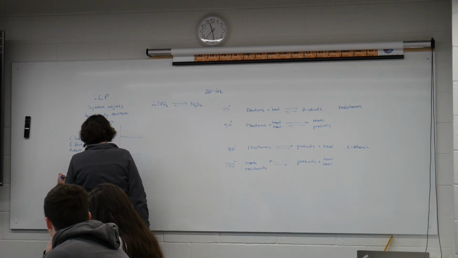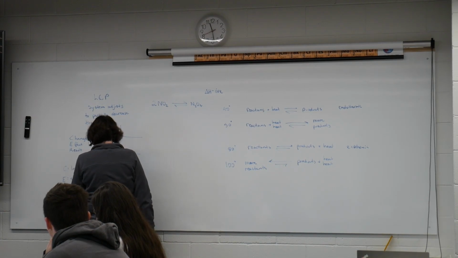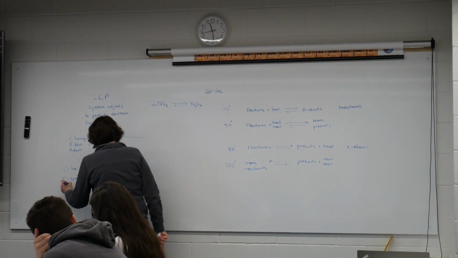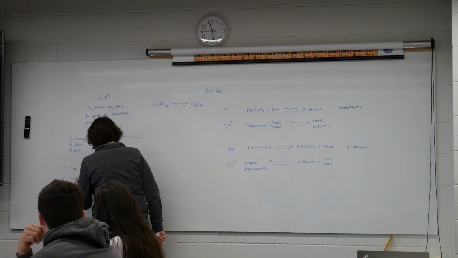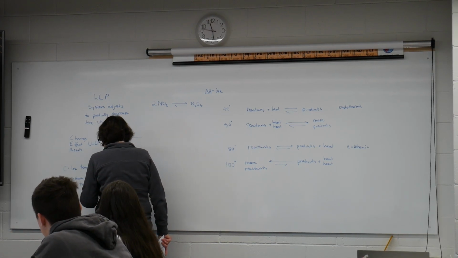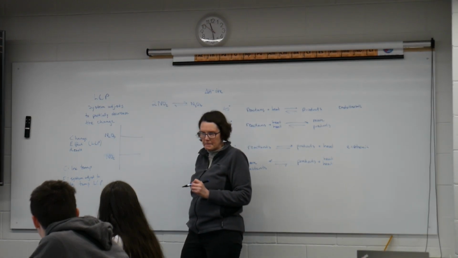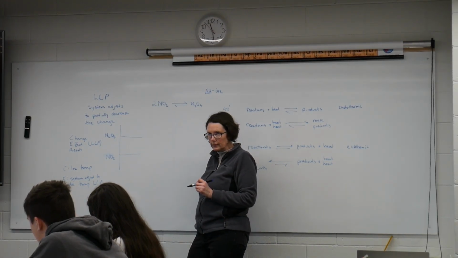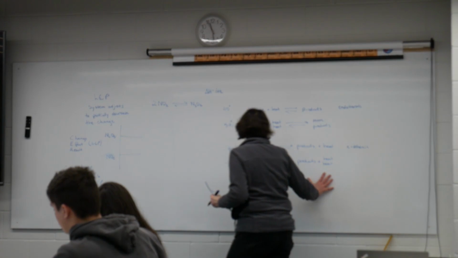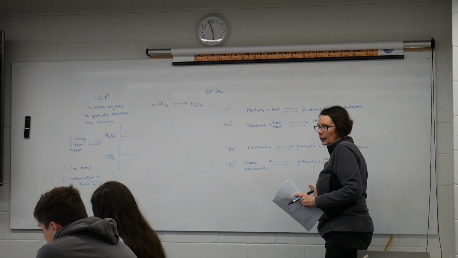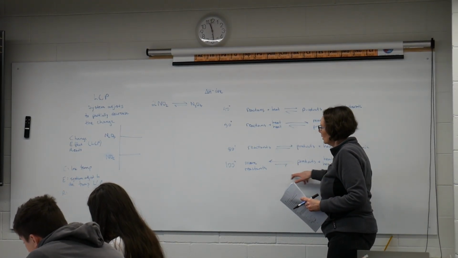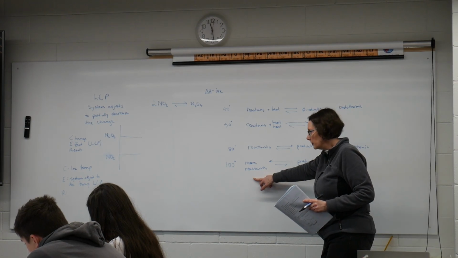So the effect is the system will adjust to decrease temperature. Le Chatelier's principle. And the result, we're going to say which direction is favoured. I already told you over here that for an exothermic reaction, we're going to favour the reverse reaction.